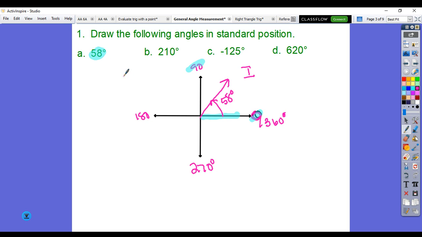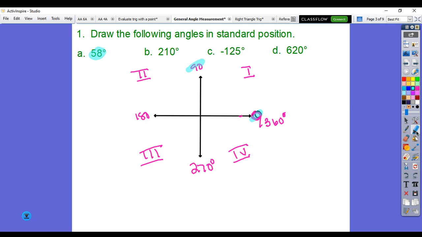Remember, this is the first quadrant. You might want to mark this up too. We use Roman numerals, and we just go around: 1, 2, 3, 4. So this particular angle terminates or ends in the first.